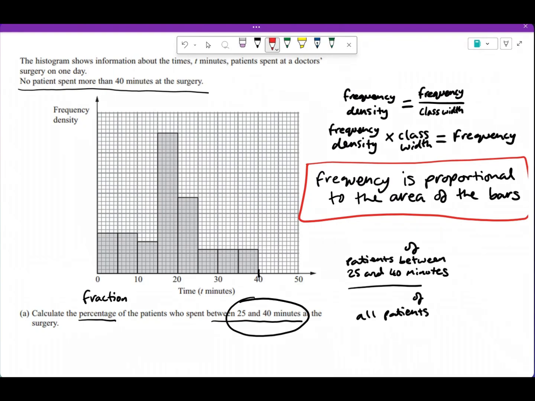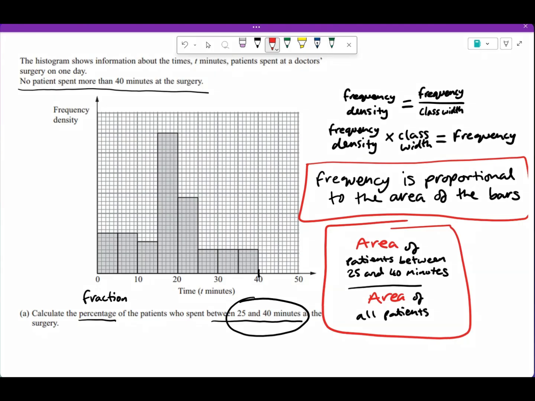I need the area of patients between 25 and 40 minutes, and the area of all patients. Remember, both of these are proportional to the actual frequencies, so they're still going to provide me the accurate fraction I need to calculate the percentage of all patients who spent between 25 and 40 minutes at the surgery.